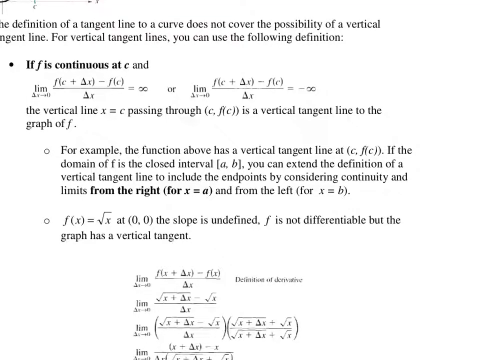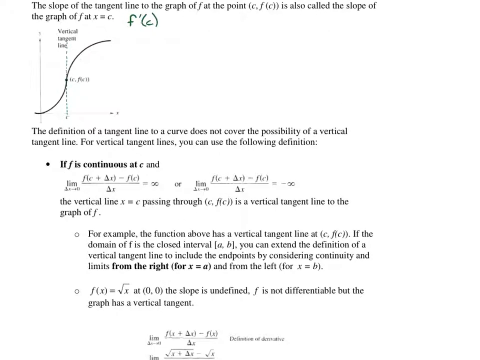The vertical line x equals c passing through (c, f(c)) is a vertical tangent line to the graph of f. For example, the function above has a vertical tangent line at (c, f(c)). If the domain of f is the closed interval a to b, you can extend the definition of a vertical tangent line to include the endpoints by considering continuity and limits from the right for x equals a, or from the left for x equals b.